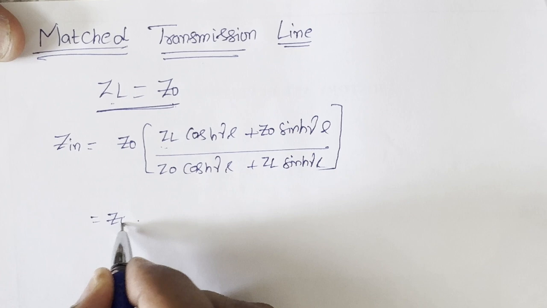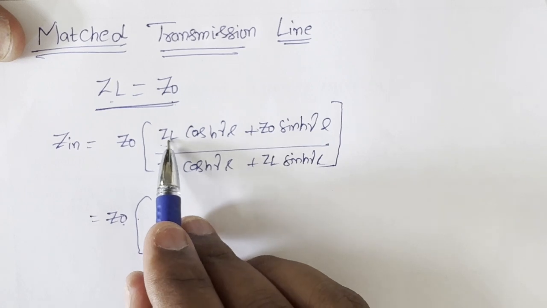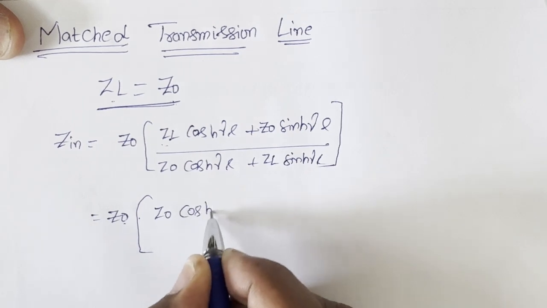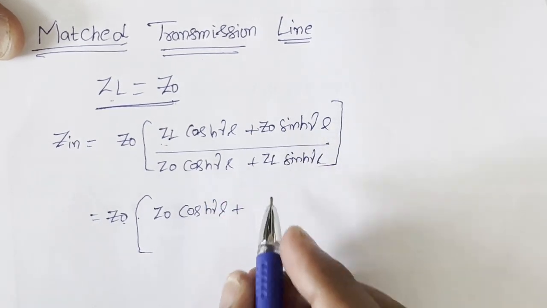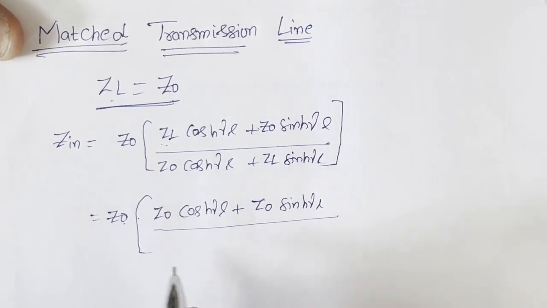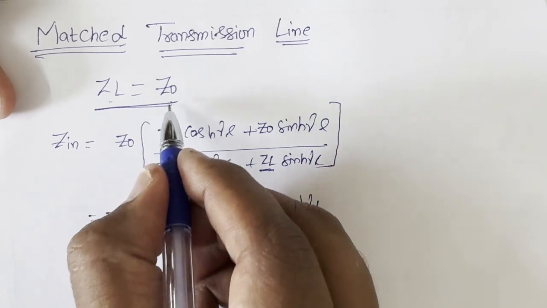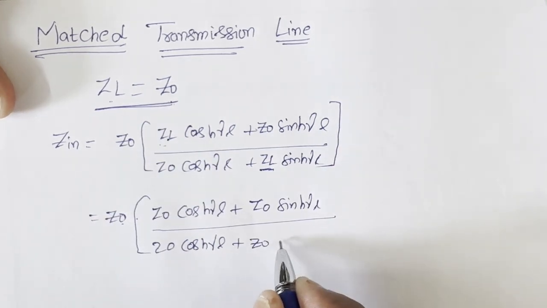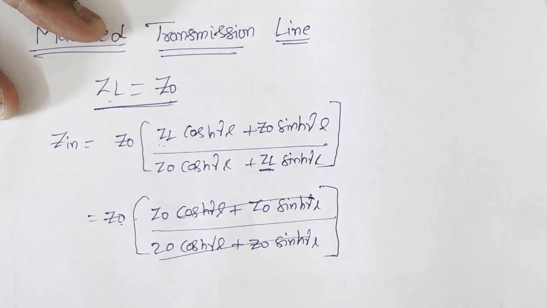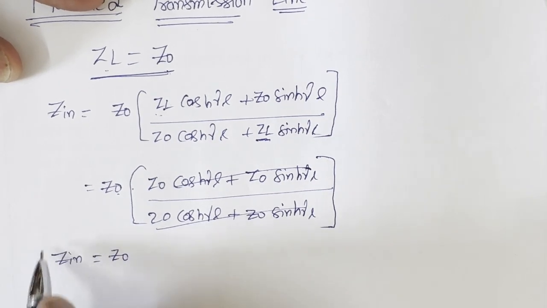So Z0 into, instead of ZL, I am substituting Z0: Z0 cosh gamma L plus Z0 sinh gamma L, divided by Z0 cosh gamma L plus, here instead of ZL I am substituting Z0, sinh gamma L. So this will get cancelled, and it is equal to Z0, that is Zin equal to Z0.